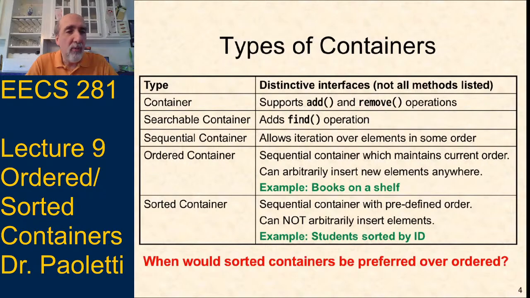Now, another way we might classify a container is how does it keep the underlying data? Is it sequential or not? Does it keep the data sequentially like a vector does, like one after another, where we can iterate from one to the next? Does it provide random access, where we can skip to an item based upon a number? Is a container ordered?